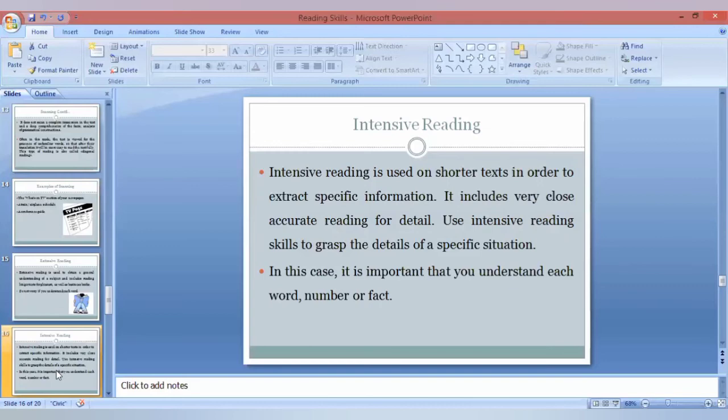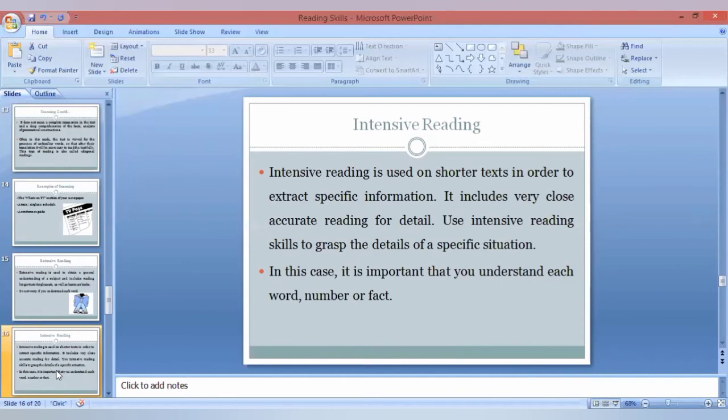Intensive means careful, something in which extreme care is required. So intensive reading requires extreme care. It is careful reading. So intensive reading is used on shorter texts.